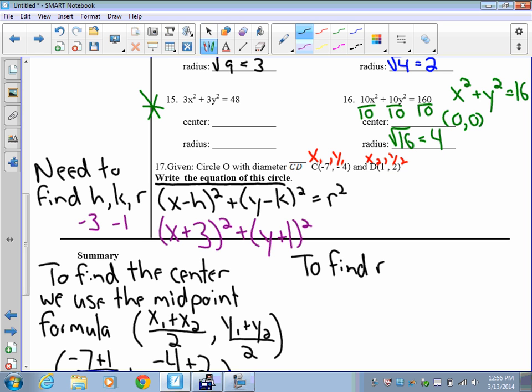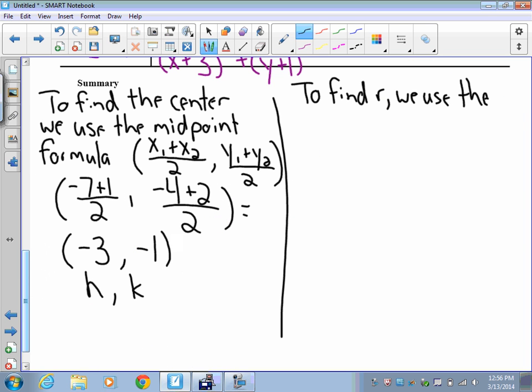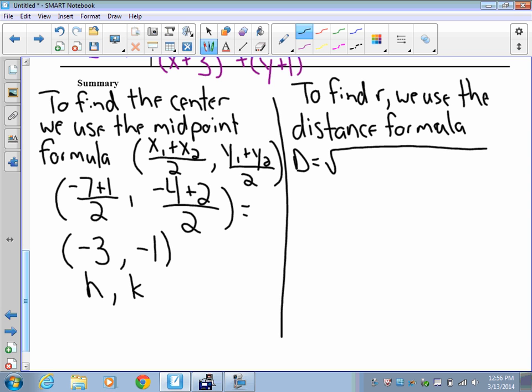So to find r, we use the distance formula, which is d is equal to the square root, the distance is equal to x1 minus x2 quantity squared plus y1 minus y2 quantity squared.